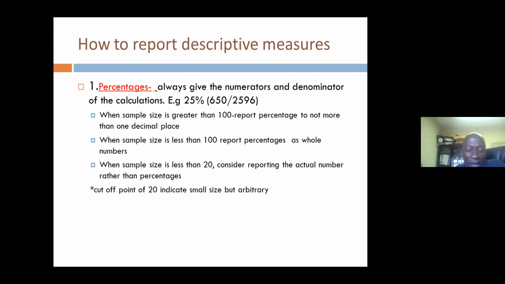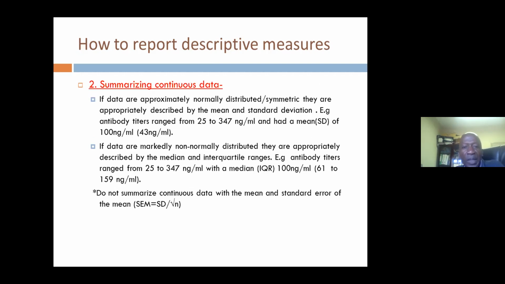You can always vary the way you report these numbers, depending on the data set and the area you are reporting your data on. So for continuous data, where we have a data set that is approximately normally distributed, symmetric, the mean is the measure of choice.